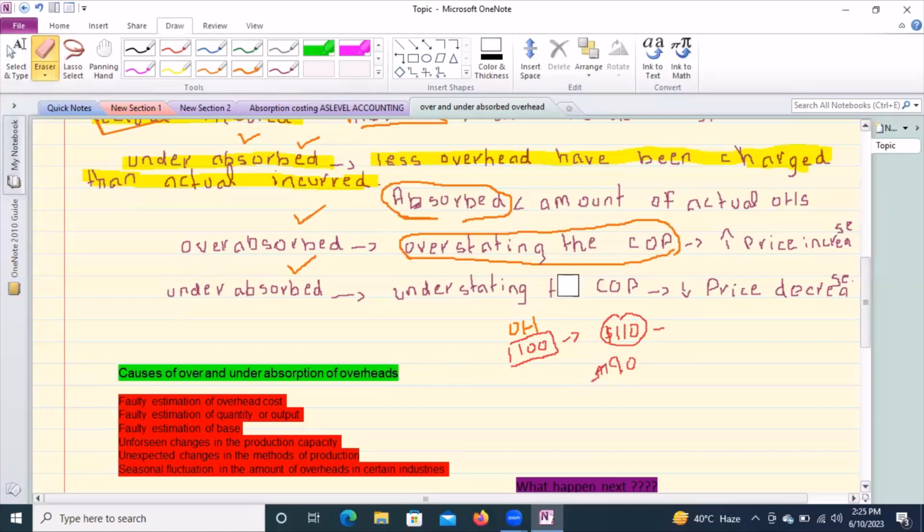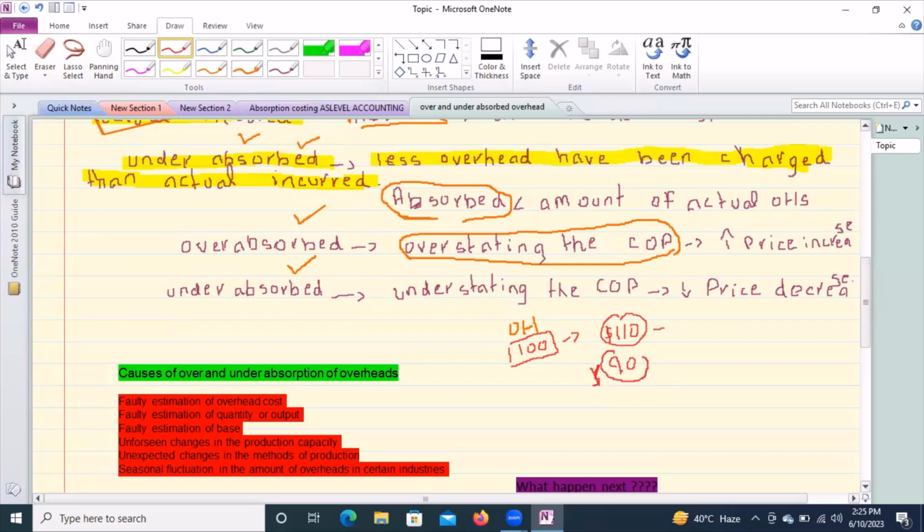Okay, so after 1 year, you get to know that your actual overheads are basically less than your forecasted overheads, which is 90.